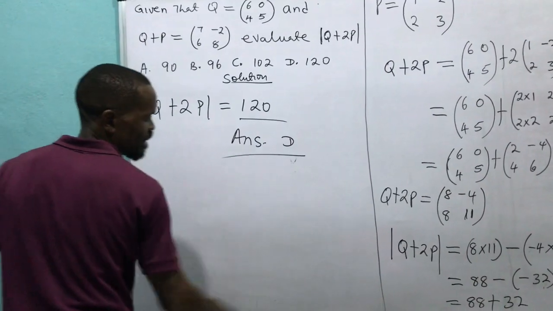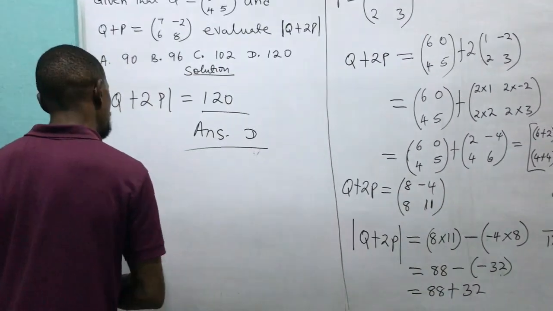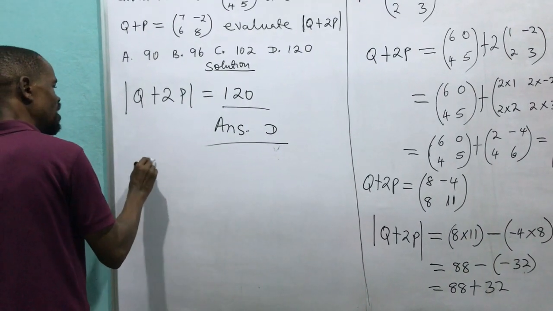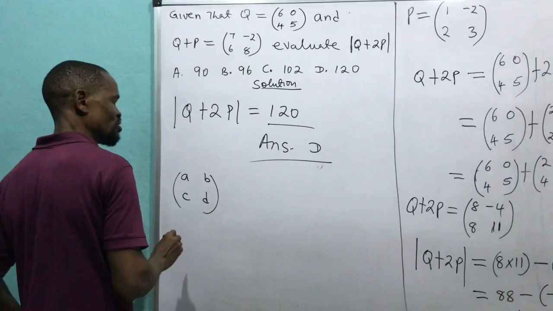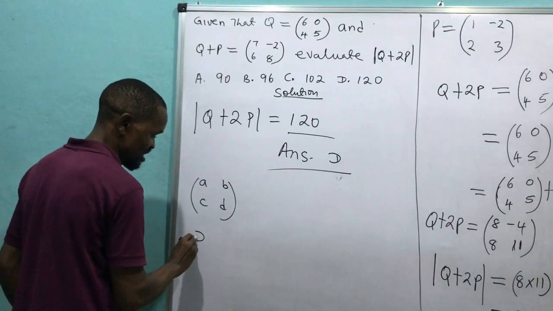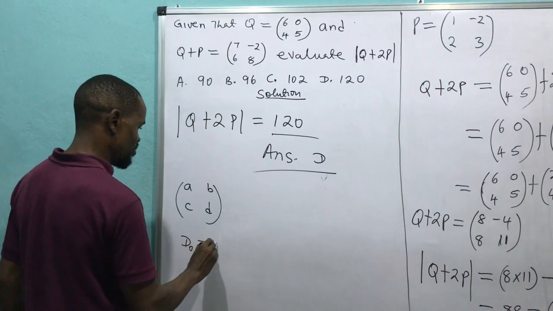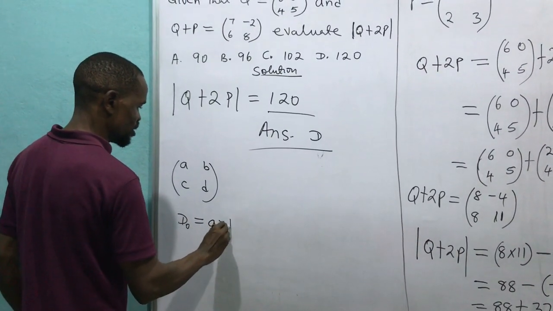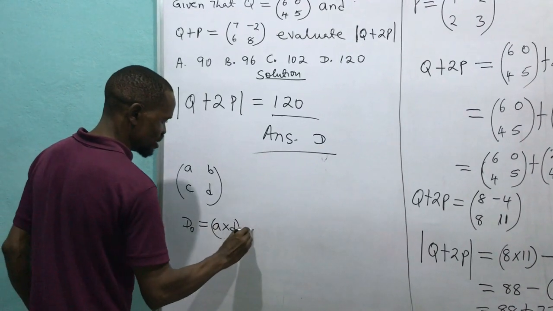You remember what we did? What we get here is a 2 by 2 matrix. The determinant of a 2 by 2 matrix, which I said A, B, C, D, is given as A times D, minus B times C. Minus is a constant here.